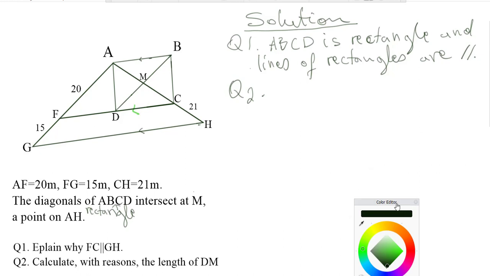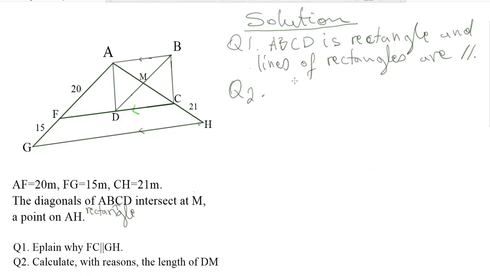So now, since the two lines are parallel, remember the theorem called the proportionality theorem. If the two lines are parallel, we will have AF over FG.